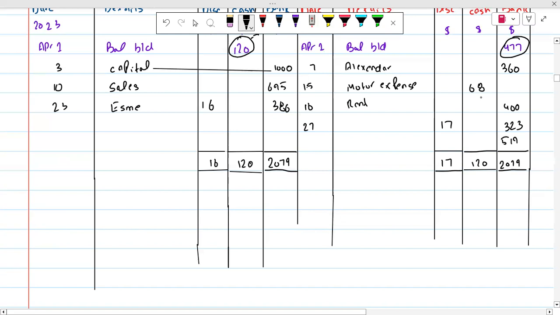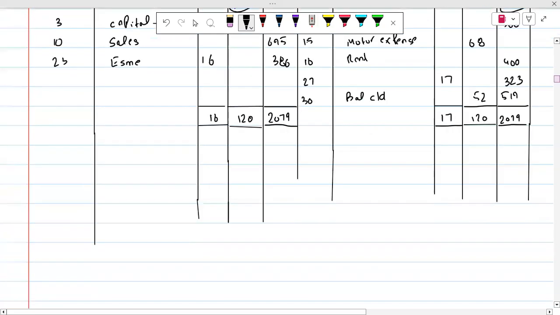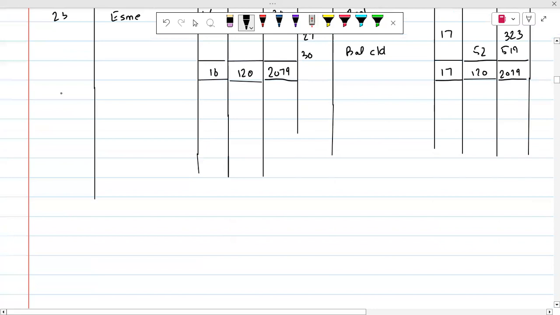And when we deduct 68 from the 120, we have 52 as our balance c/d on 30 April. So we have this amount on the debit side on 1st May 2023.